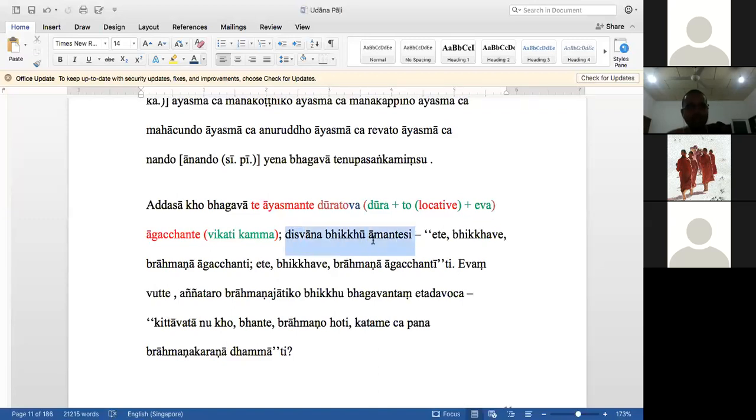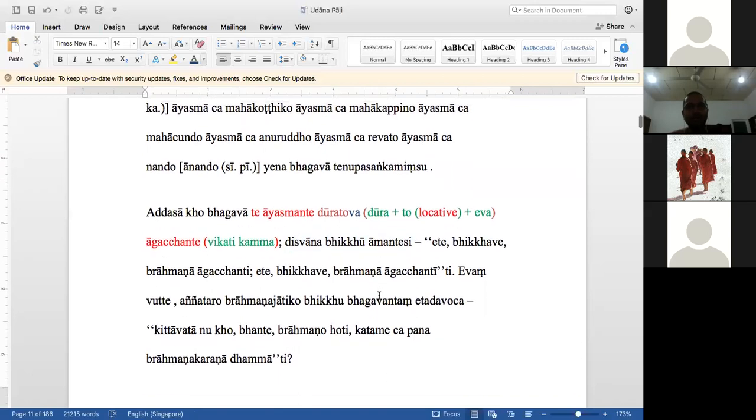For this one, bhikkhū āmantesi, having seen the monks, he addressed the monks who were residing, not the monks who were coming. The monks who were coming he saw from far away, but he addressed the monks who were surrounding him. The commentary says he was preaching Dhamma to the monks at that time.